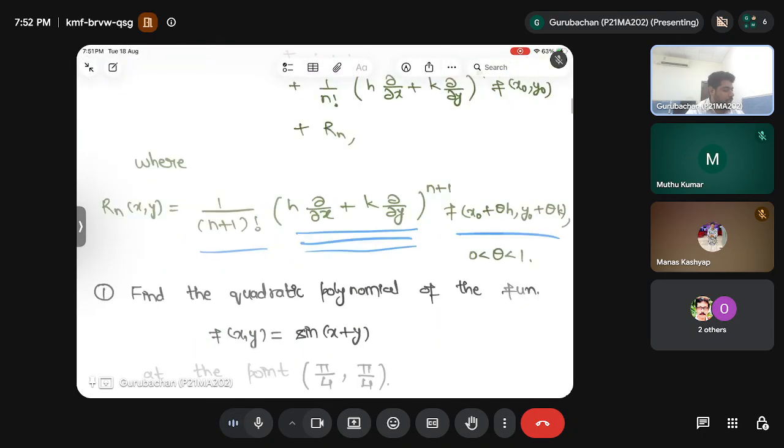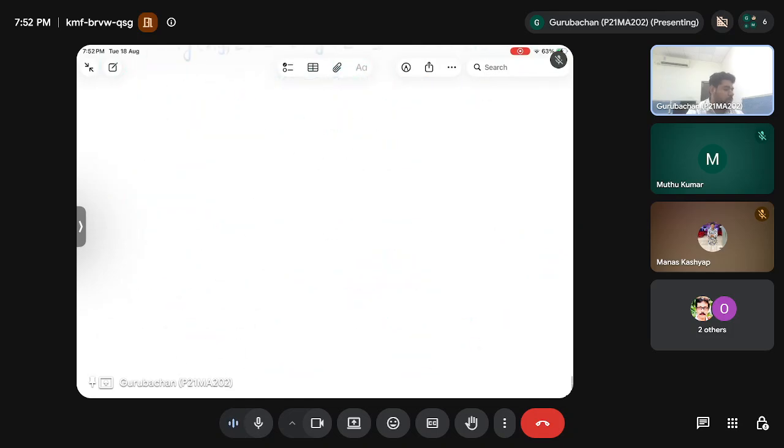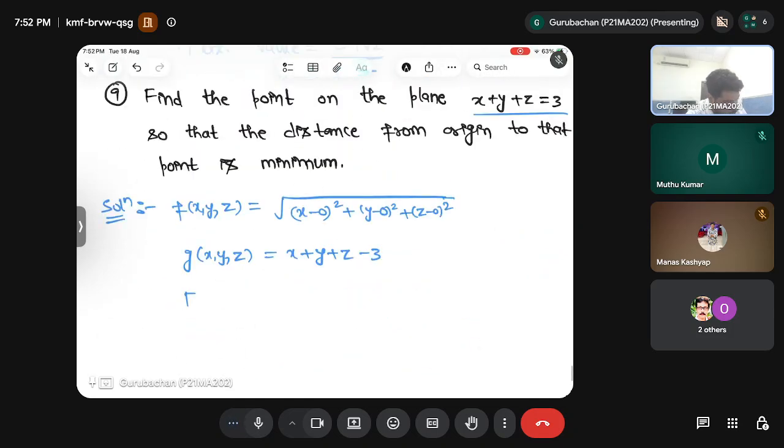So now again you need to form that auxiliary function, but the difference is that here you have a three variable function. So this will be root of x square plus y square plus z square, plus lambda times (x plus y plus z minus 3).